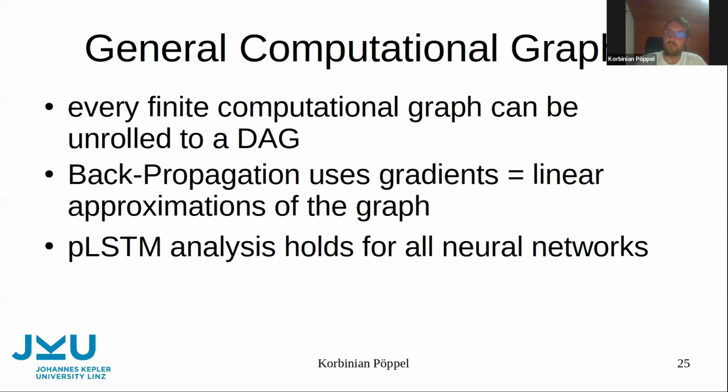It's basically about equivalence classes of these states, but that's also something that pLSTM will not be able to solve as it is here, because it is only a DAG, so it cannot loop infinitely.